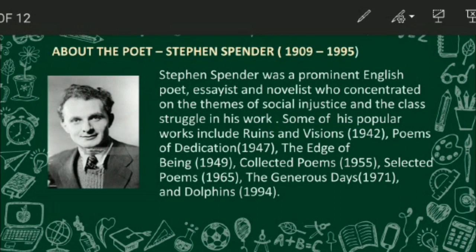As it is written here, the poet concentrated on the themes of social injustice and the class struggle in his work. That means most of his works were based on this particular theme. And this poem, An Elementary School Classroom, is not an exception.